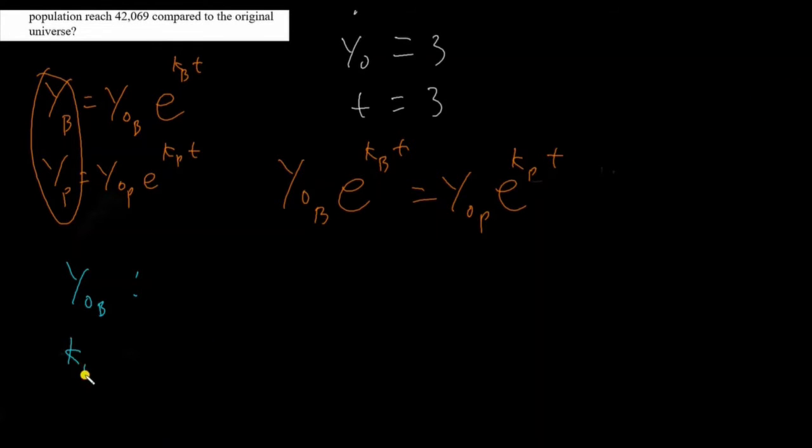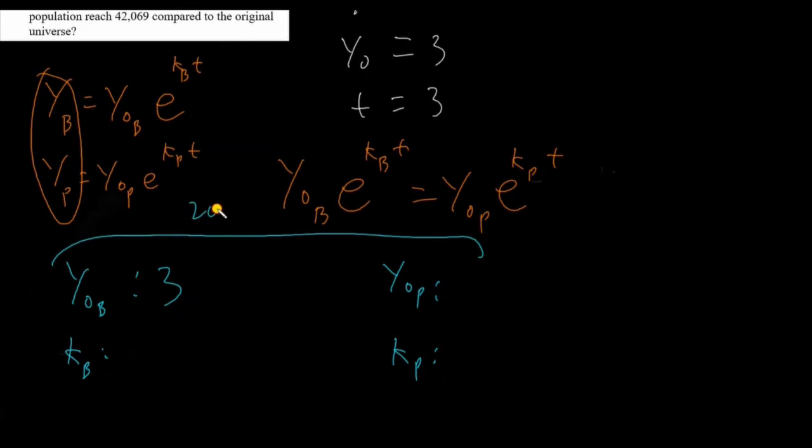We need KB, and then we need the initial population of the monkeys, and then the K value of the monkeys. Okay, so let's see what we know here. We know the initial population of the blobfish is 3 in the year 2021. Oh, but all of this is going to be for 2021, right? And the K value is going to be our variable B.